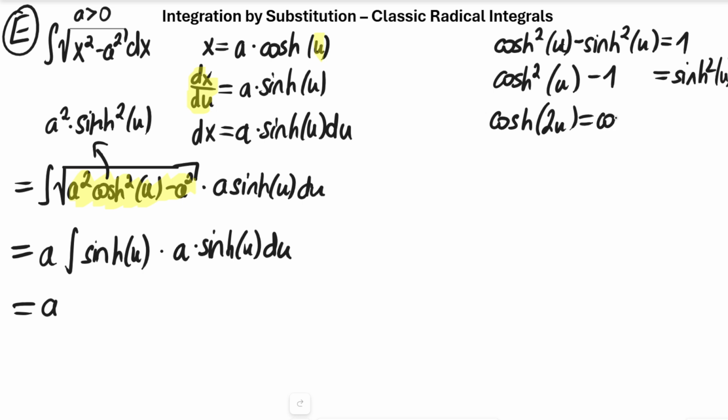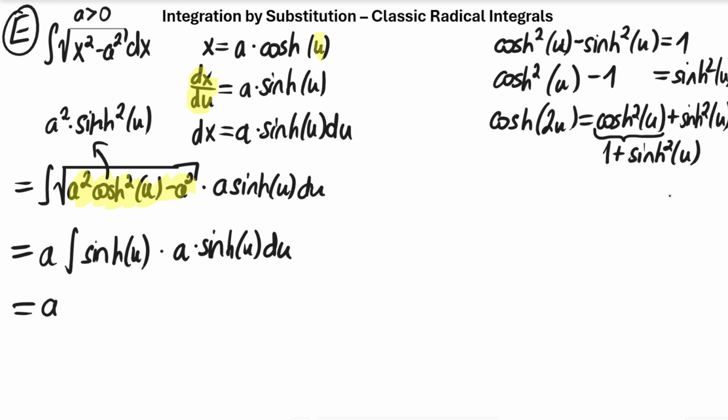So this is hyperbolic cosine squared u plus hyperbolic sine squared u. So if you don't know this, you can look it up again. Then what is this hyperbolic cosine squared? Here, from the first identity, it is just 1 plus hyperbolic sine squared.